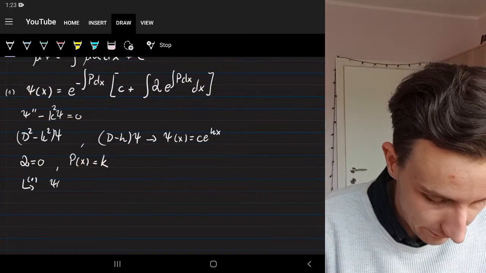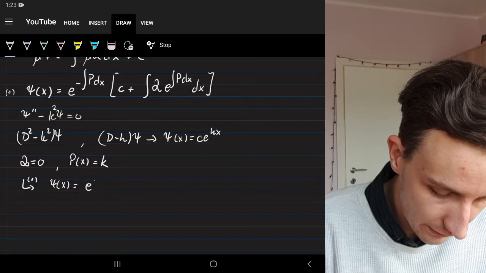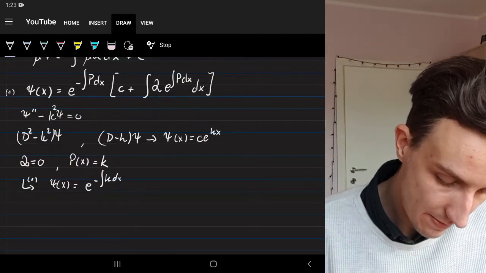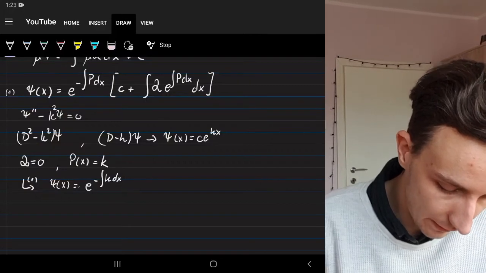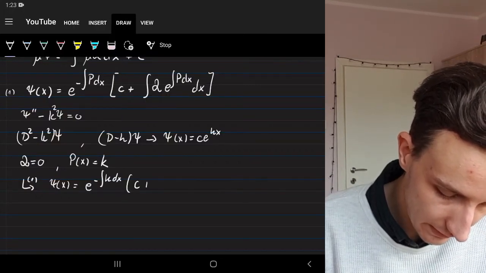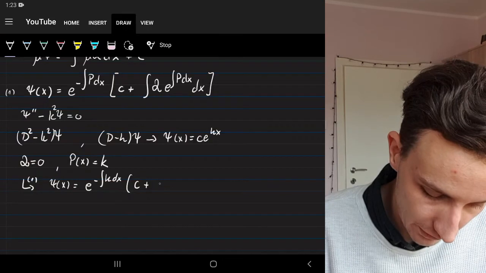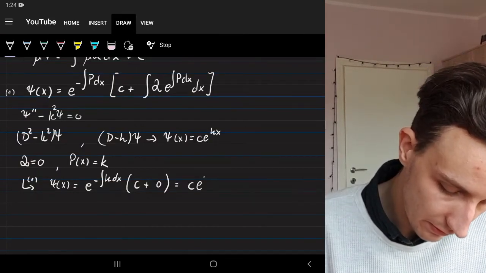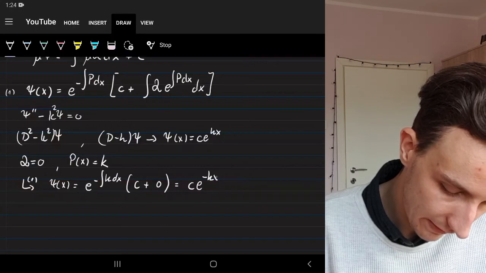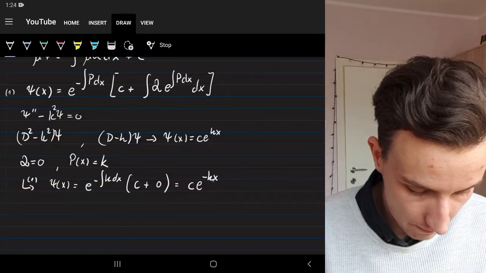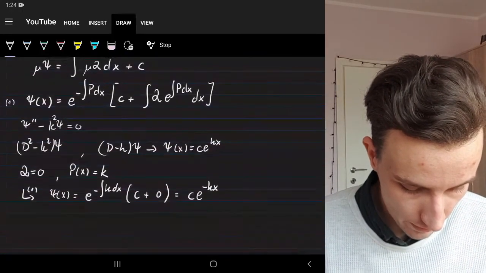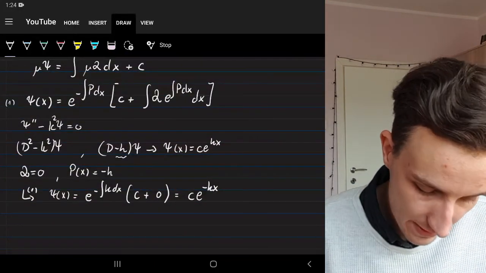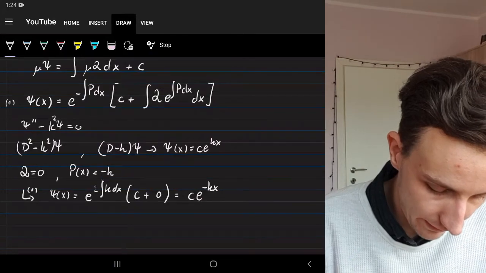And we're gonna get psi of x is e to the minus integral of k dx times a constant c plus q is just 0, so 0, and that's equal to c e to the minus kx. We have minus k, so p is minus k. My bad there. Everything works out.